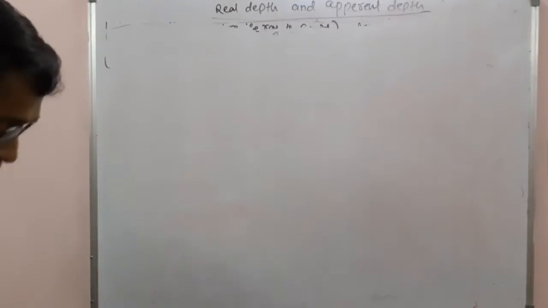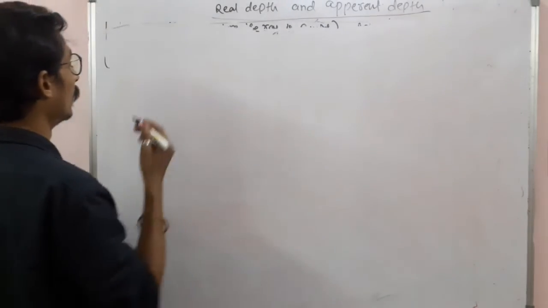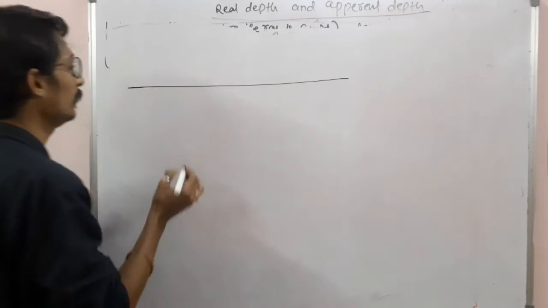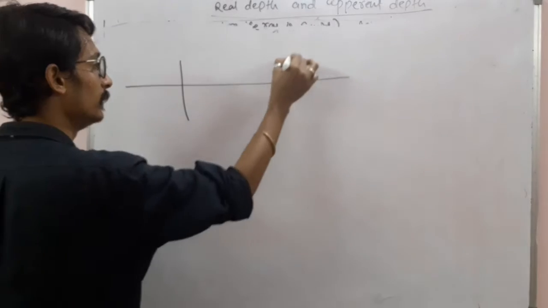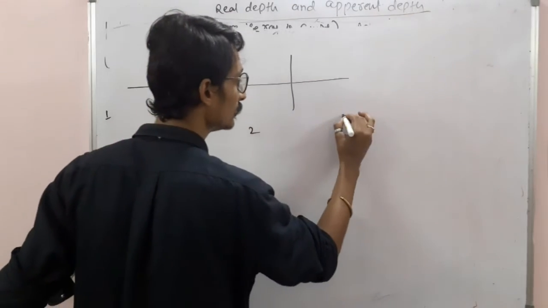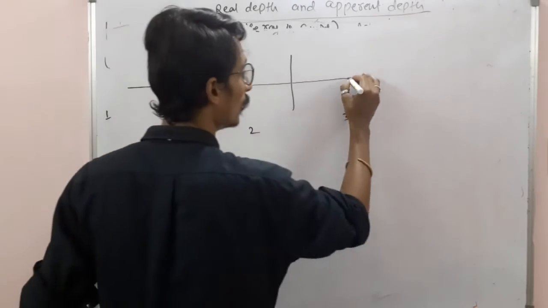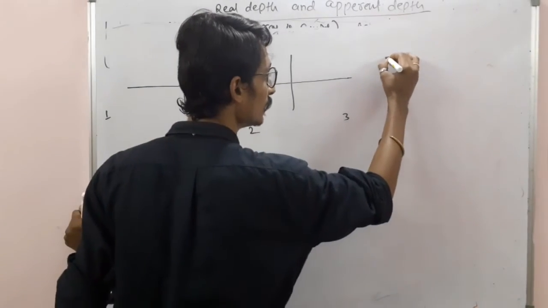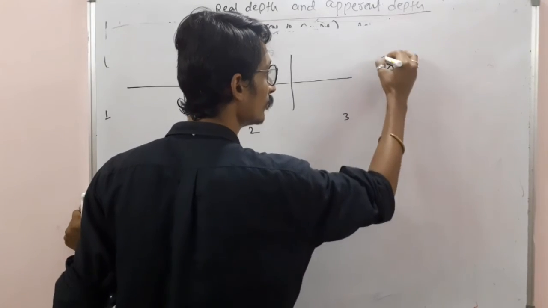Suppose this is an axis. I am dividing a medium like this. This is the first medium, this is the second medium, and this one is the third medium. An observer is standing here, seeing from somewhere here.